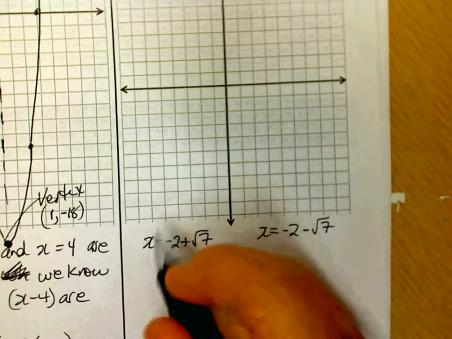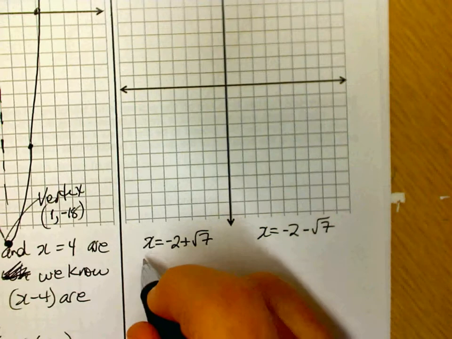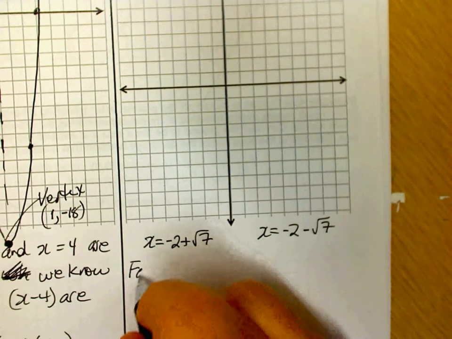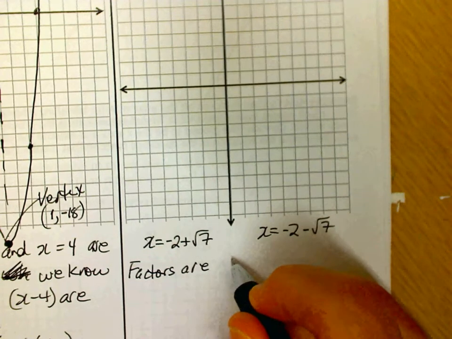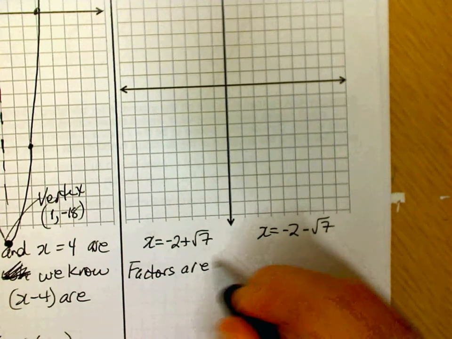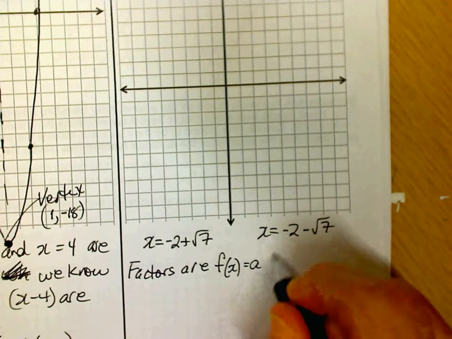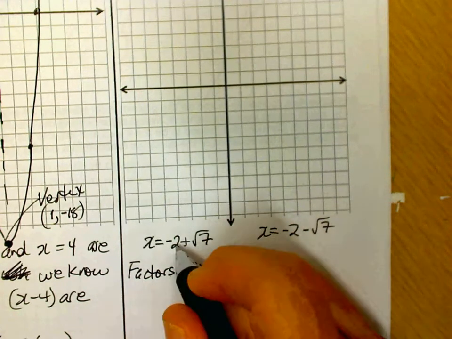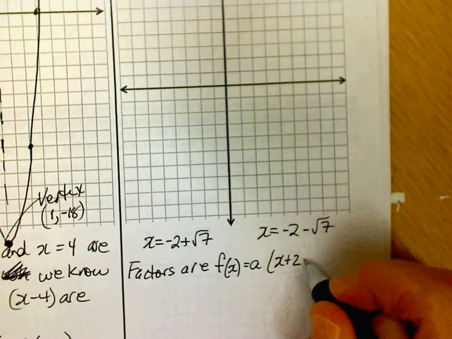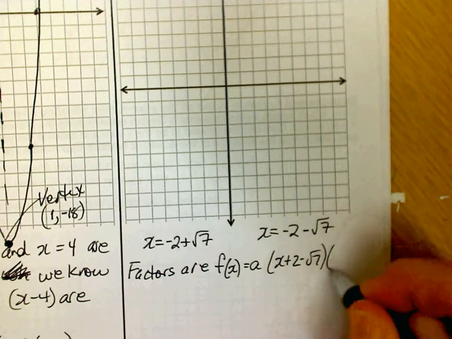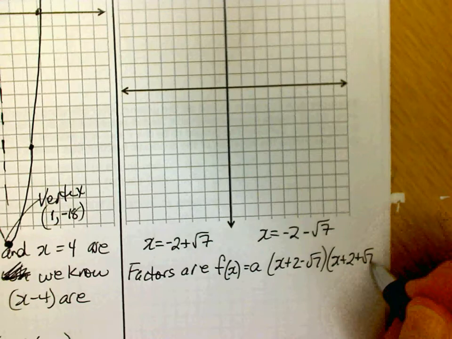We're given that, so we know our factors. Why don't we just put it in function form here? It's a times (x plus 2 minus √7) times (x plus 2 plus √7).